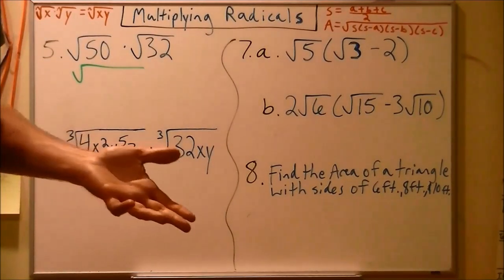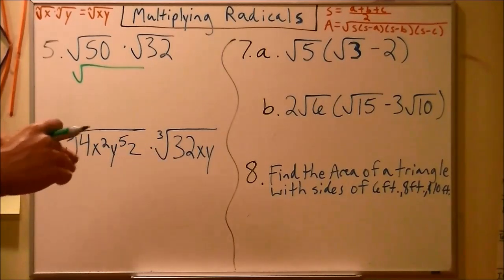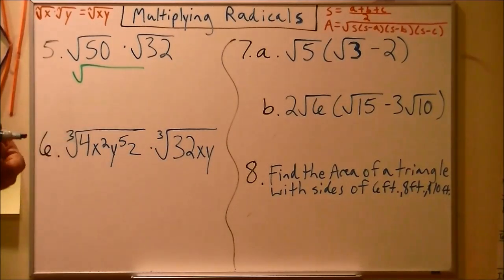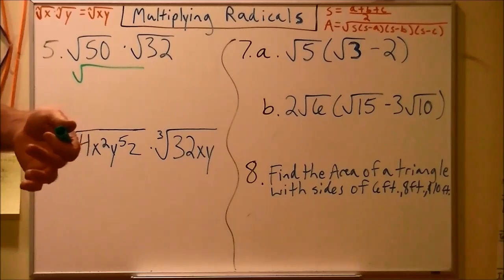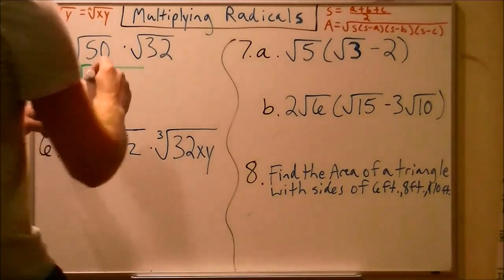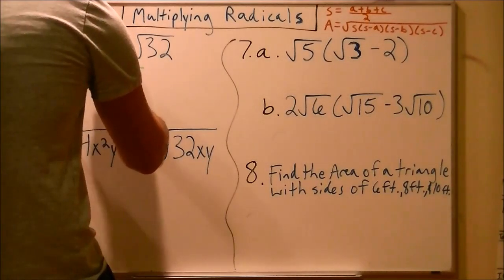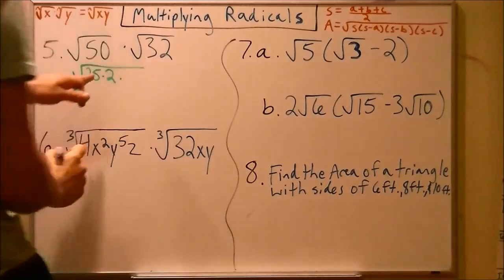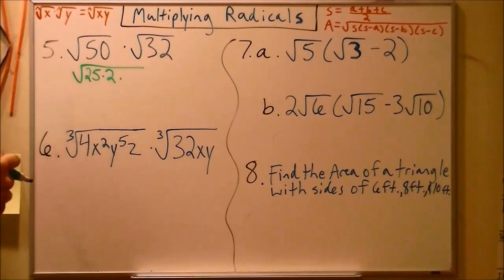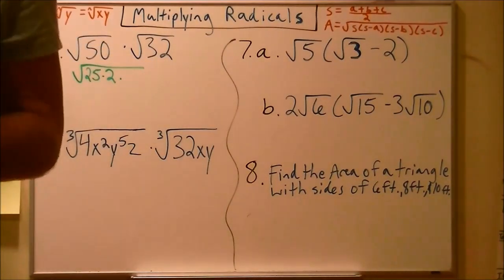Yes, I do, as a multiple of 50, and that's the number 25. What times 25 gets me to 50? 25 times 2. And so I'm going to use 25 and 2 because I know I can easily pull that 25 out of there because I know the square root of that number. Do I know a square root of 32?